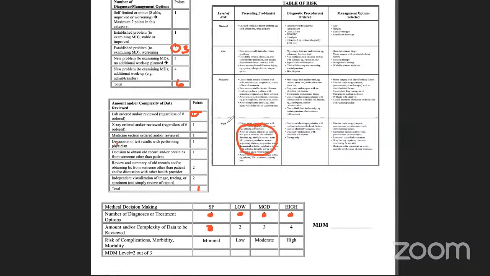So overall medical decision-making is high. We bring that down here. And we know by now that the medical decision-making is going to be high. Everybody still with me? Yes. Okay. All right.